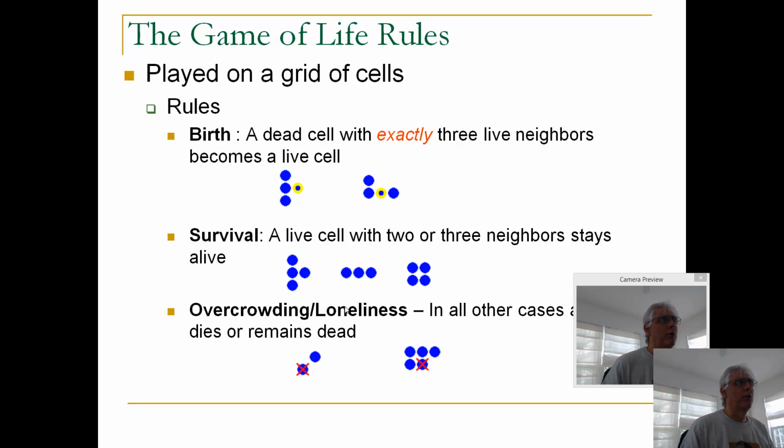There's the birth rule. A dead cell with exactly 3 live neighbors becomes a live cell. So let's just take a second. Here you see this highlighting in yellow. We will apply the birth rule to this cell.